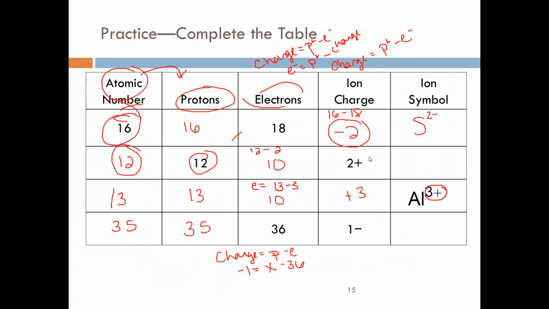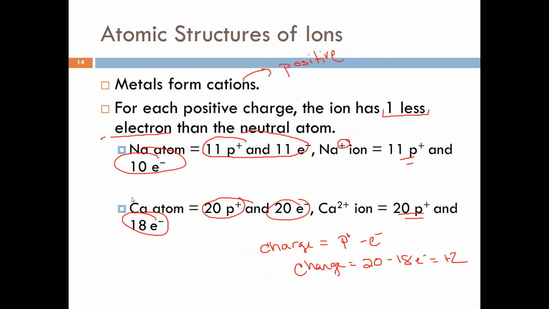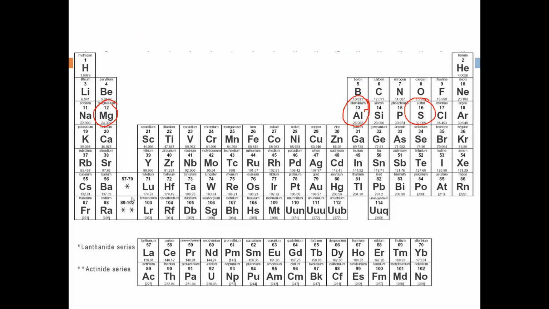It has a +2 charge. And then finally, we're looking for number 35, which is bromine. And it has a charge of -1.